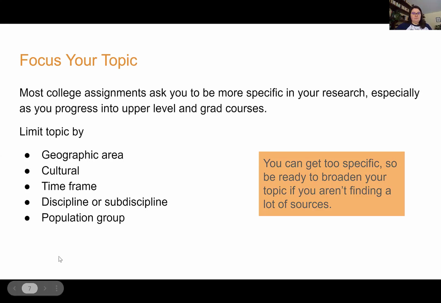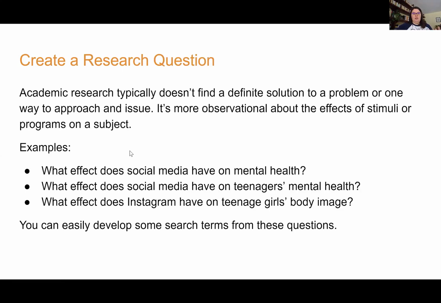Okay. So being flexible about your topic as you're beginning to research and settling into it is a good idea. And how you can frame this is by creating a research question, right? So in academic research, you're really not trying to find the definite solution to a problem, or the one true way to do anything, okay?